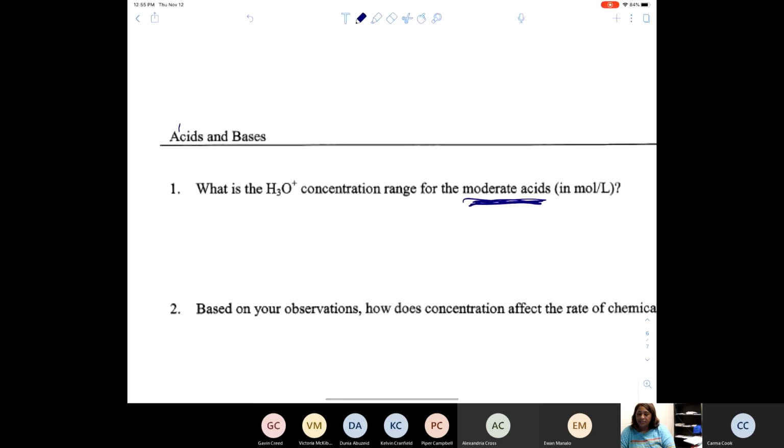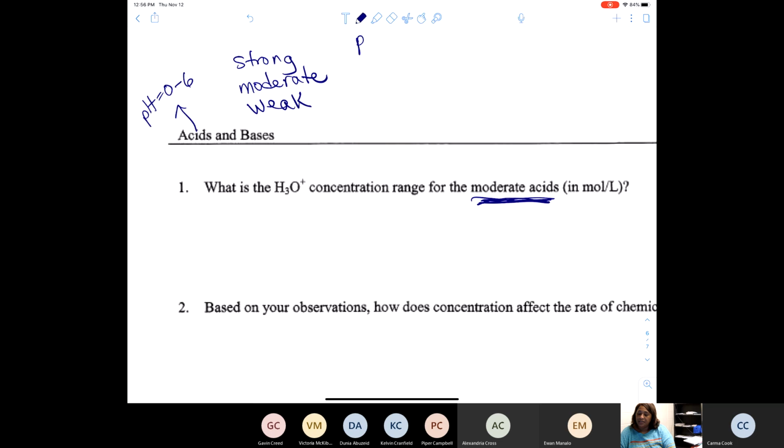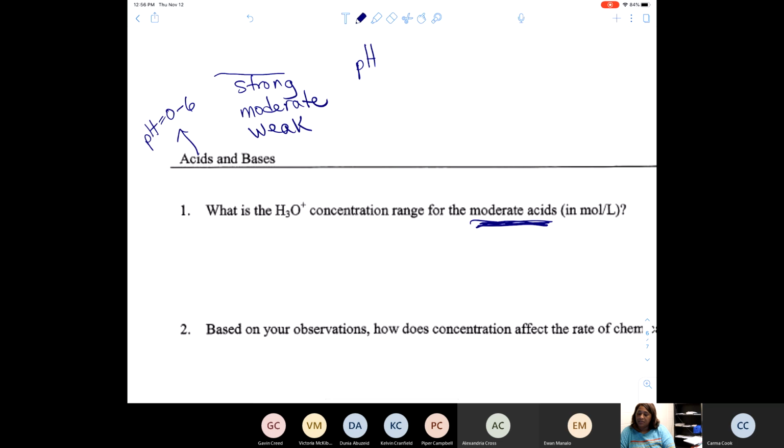So as far as acids are concerned, you can describe an acid as being strong or weak or in the middle, moderate. So we know acids, their pH range from 0 to 6, right? So a strong acid is going to have a pH between 0 and 2.